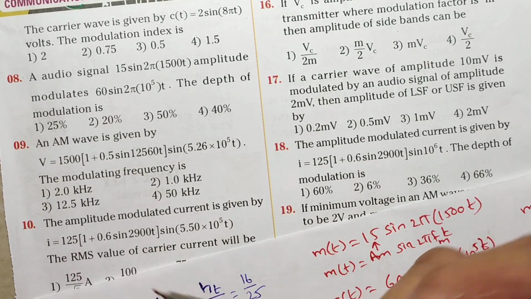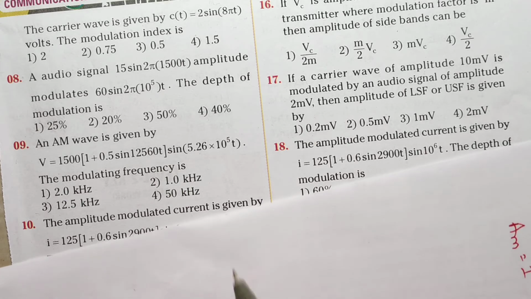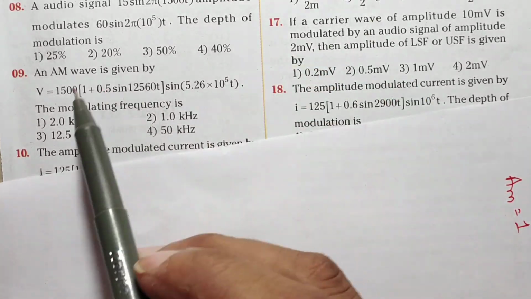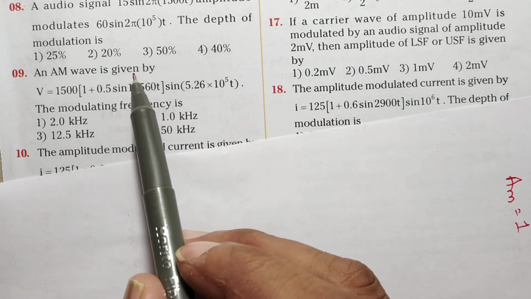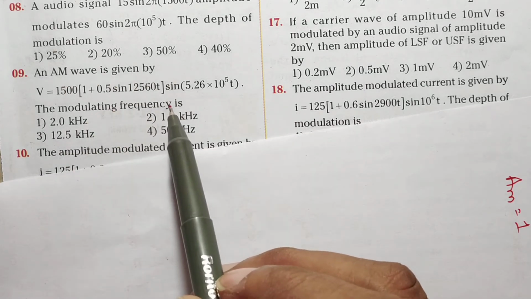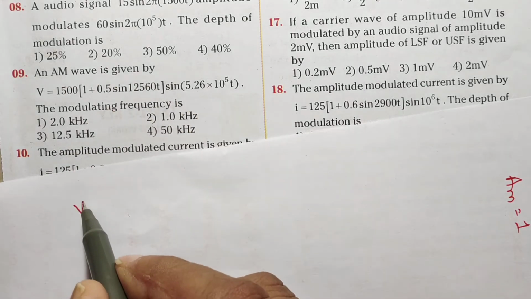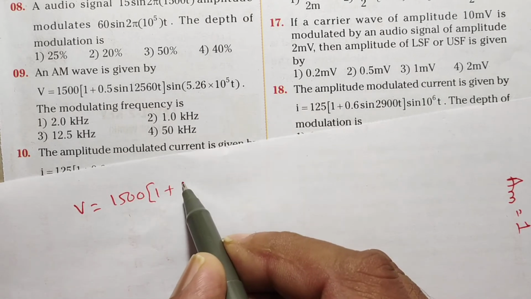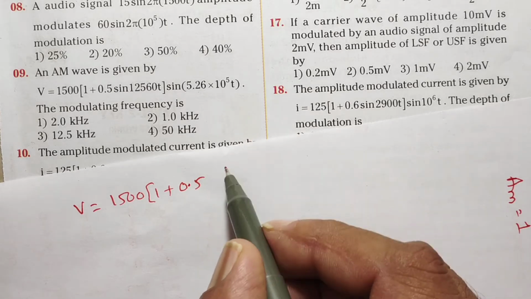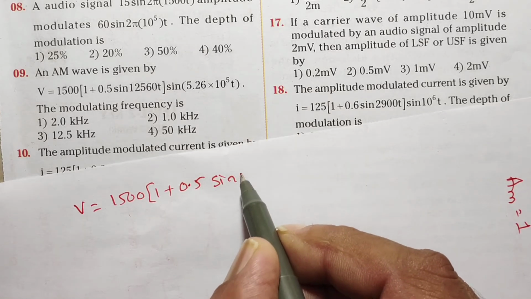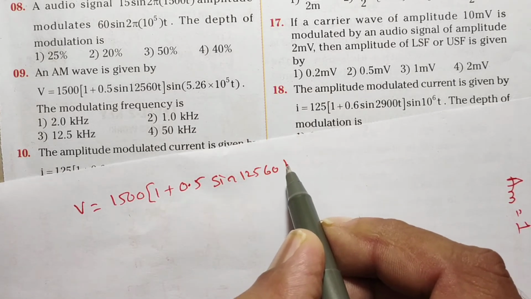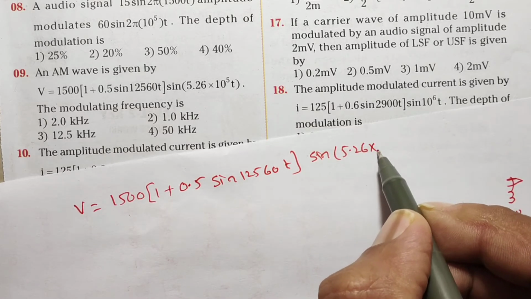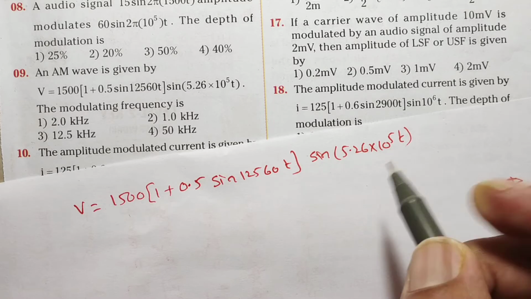Now the 9th question. An AM wave is given by, and we have to find the modulating frequency. The AM wave V they have given is 1500 into 1 plus 0.5 sine 12560t into sine 5.26 into 10 to the power of 5 t.